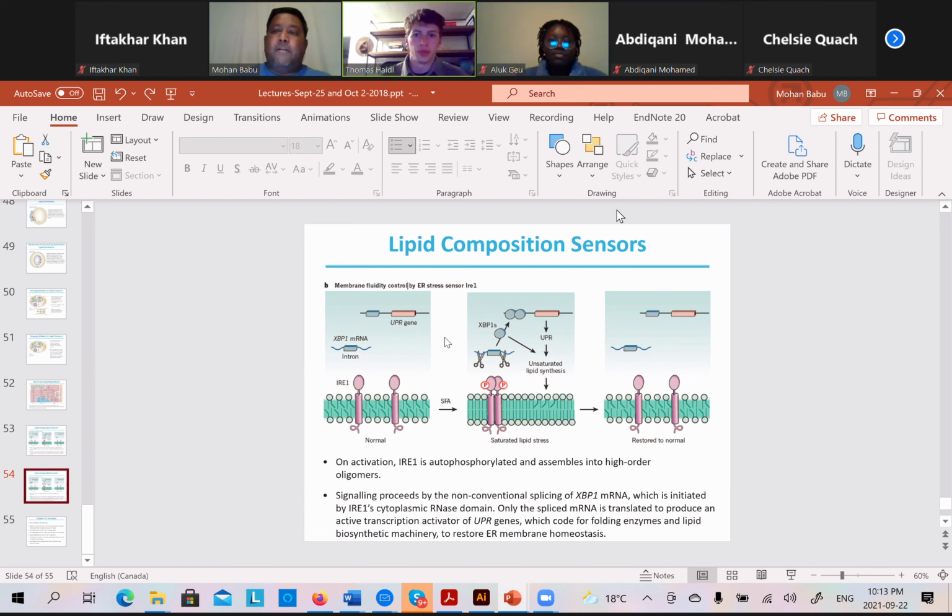The one thing I'm wondering is, is there not a feedback inhibition before we get to this point to slow down the production of these lipids that are oversaturating the membrane? Well, that's true, unless there are some other machineries out there, which I am not sure about, but it's quite possible.